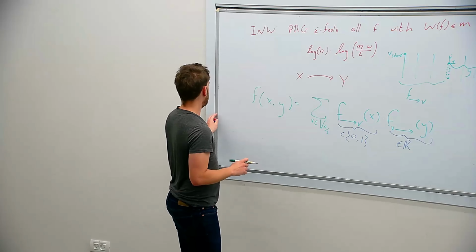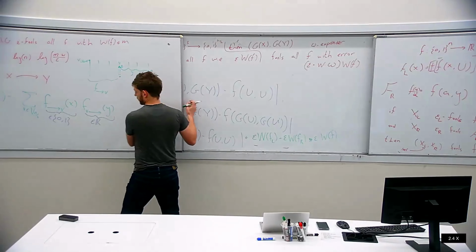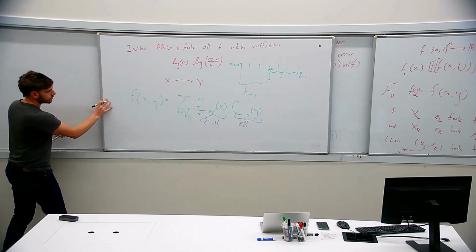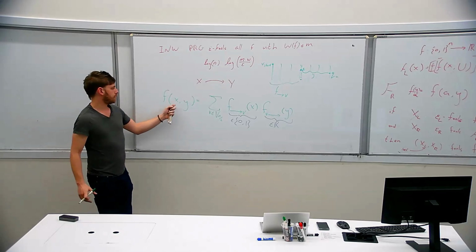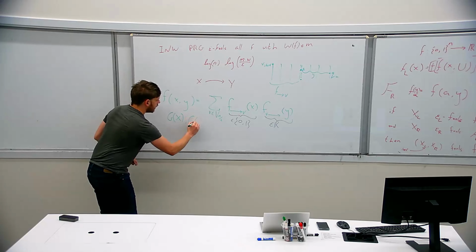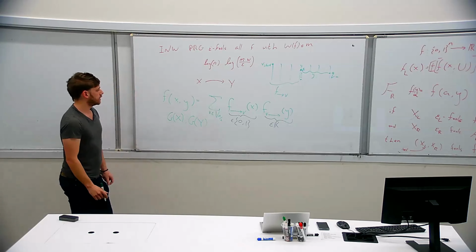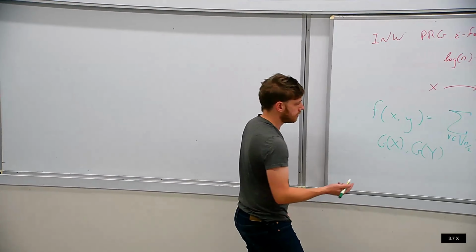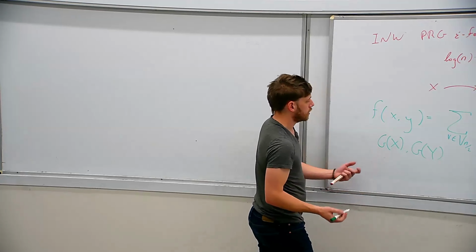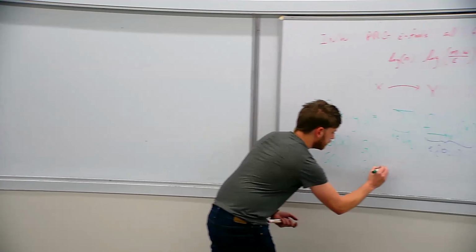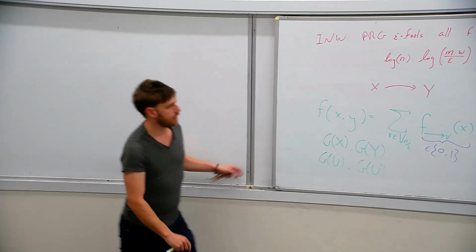Okay, so now let's talk about the expander mixing lemma. So we want to claim that if we plug G of X and G of Y, we're going to get something similar to when we plug G of U and G of U prime.